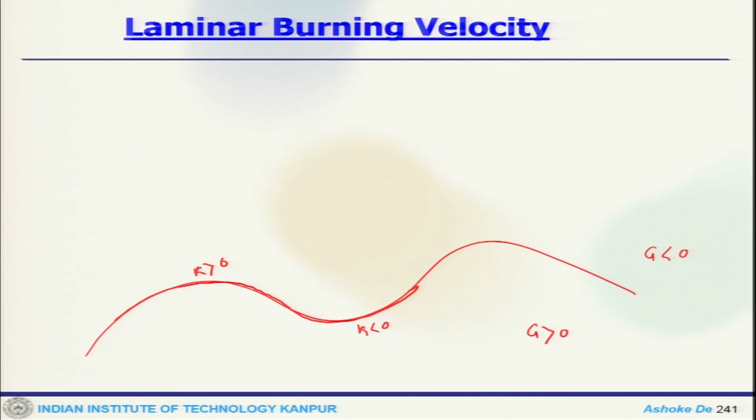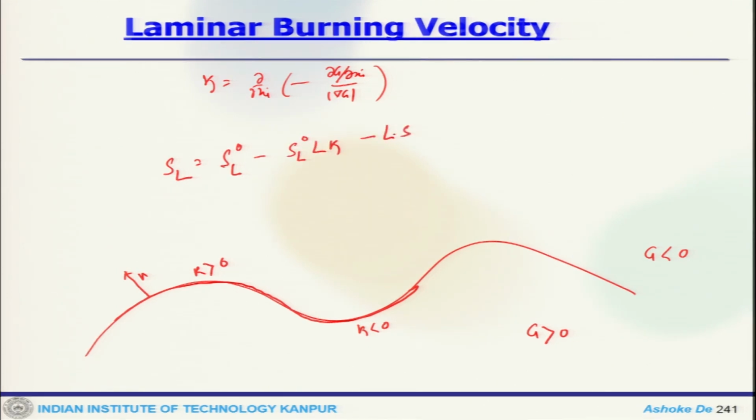This is curvature where kappa is high, because kappa is defined as minus del of del G by del Xi by mod G. So, in our SL there are two terms, SL naught L kappa and LS.